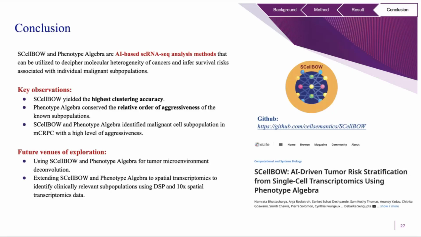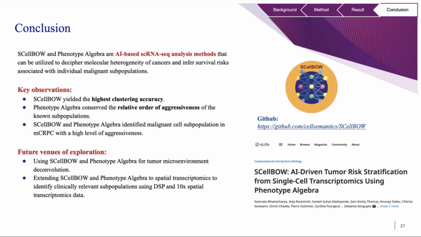Summarizing everything, SCellBOW and Phenotype Algebra are both AI-based single-cell RNA-seq methods which can find cellular heterogeneity and characterize that heterogeneity based on aggressiveness.